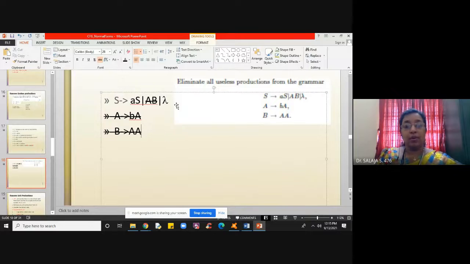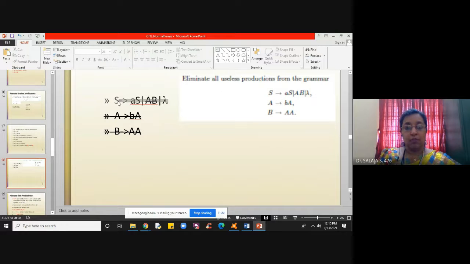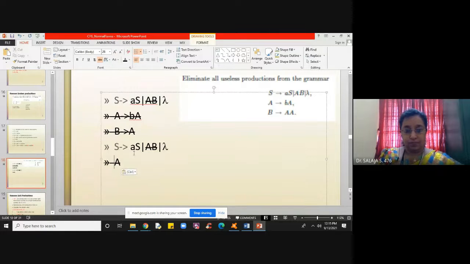Fine. So what remains? What remains is this particular one. S produces AS or lambda. Fine.